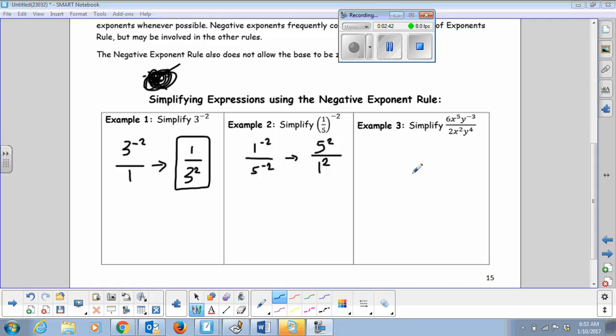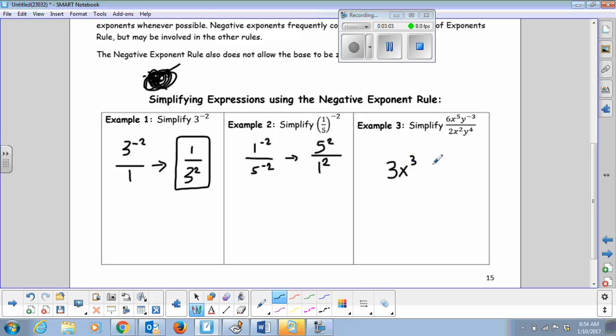Okay. For number 3, you solve this just like we did the quotient rule. So 6 and 2 are coefficients, so I divide them. So 6 divided by 2 is 3. My x's, we are needing to subtract exponents for this base, so 5 minus 2 is just 3.